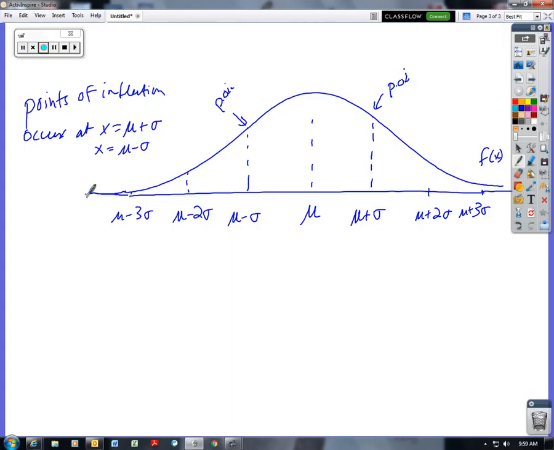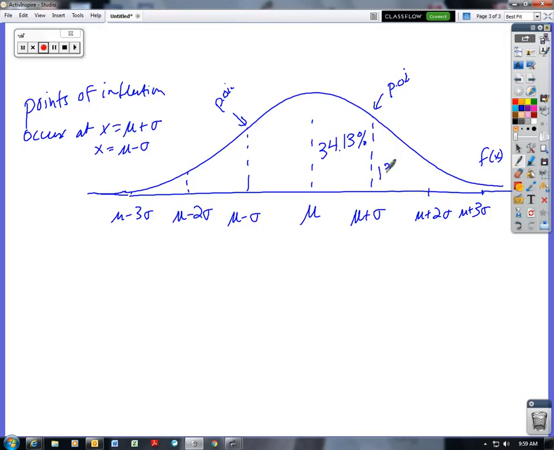And mathematicians have done the integration, which wouldn't be too hard. I mean, we have the technology. We ourselves could actually do that, but that is such a humongous formula, and we just don't have the time to deal with all that. They have discovered that from mu to mu plus sigma, this area right in here is 34.13% of the distribution.